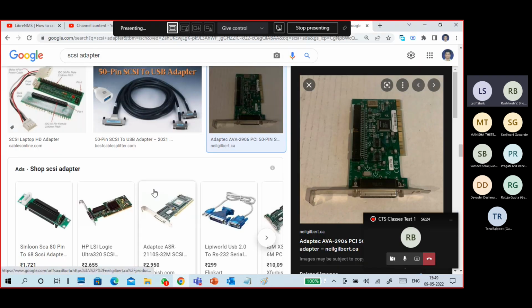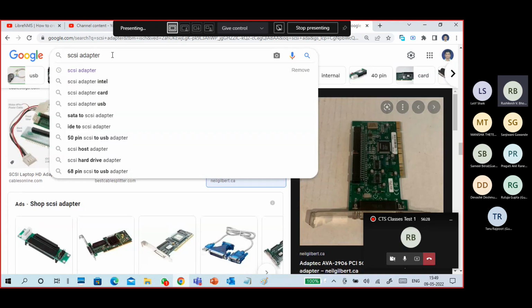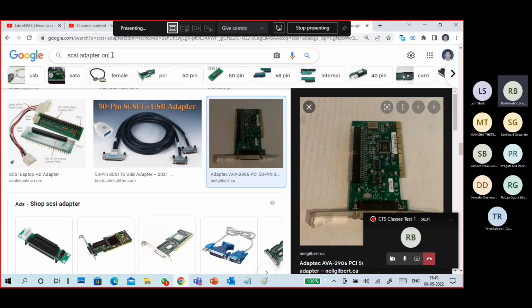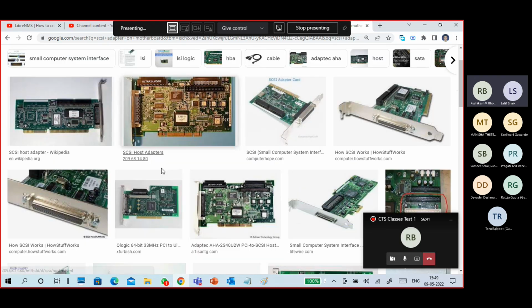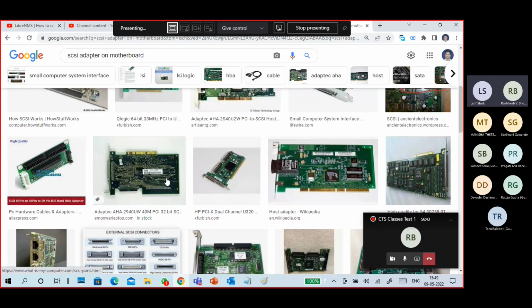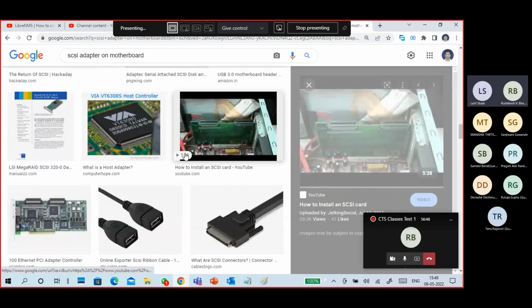If you want to see that, search for SCSI motherboard connector. Here the motherboard is shown with the adapter inserted.